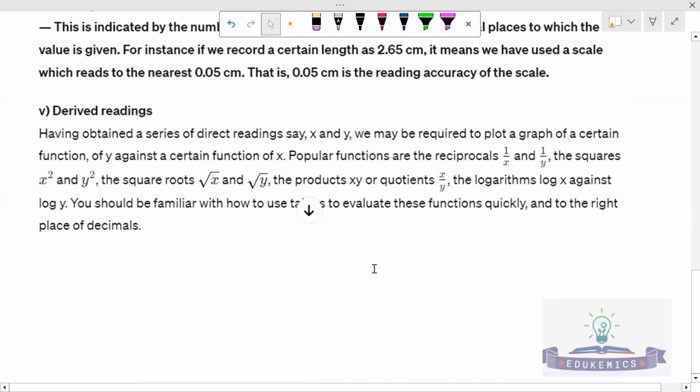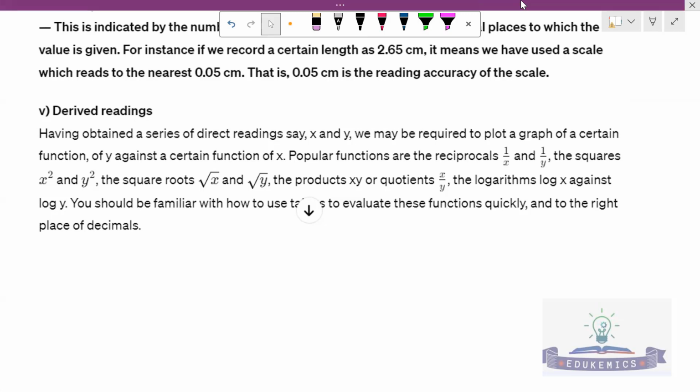So sometimes we have some derived readings. So having obtained a series of direct readings, say X and Y, you can get your derived reading. All the derived reading instructions are given to you on how to get them, and that's what you use to make your table of values.